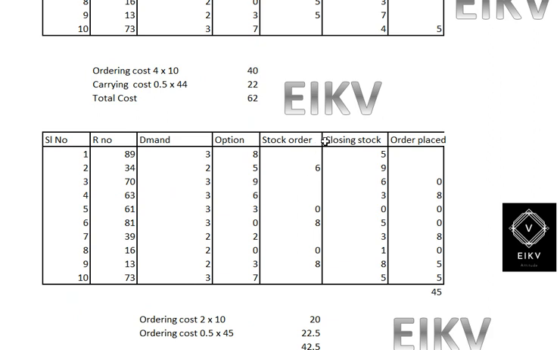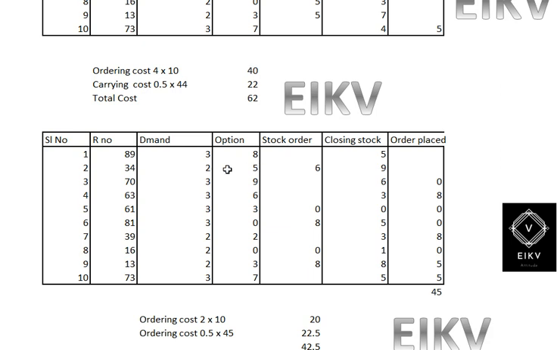After that, we have the stock order. So the closing stock is 5, 8 is the opening stock, 3 is the demand. Therefore 8 minus 3, 5 is the closing stock, which means the opening stock of the next day will be 5.